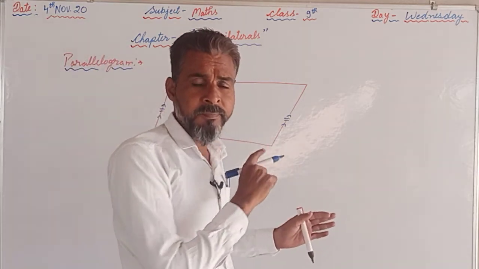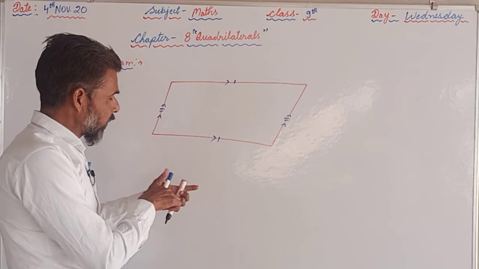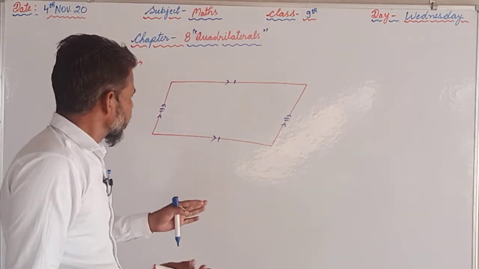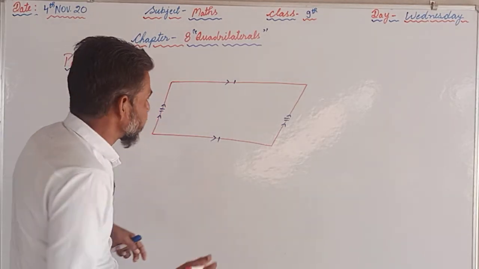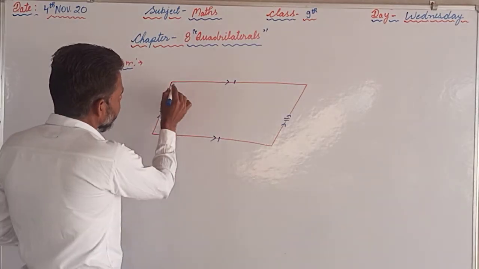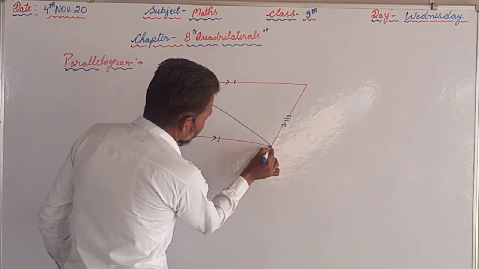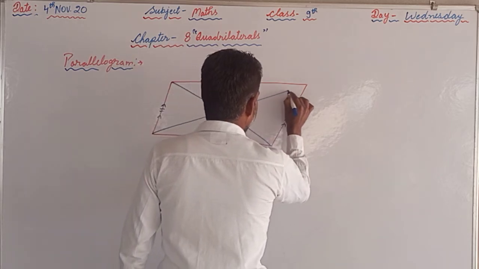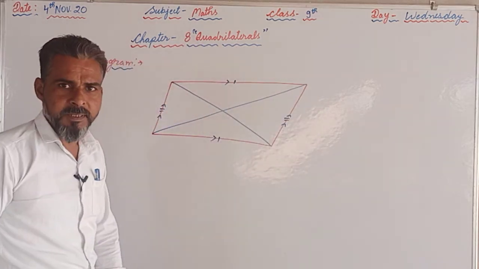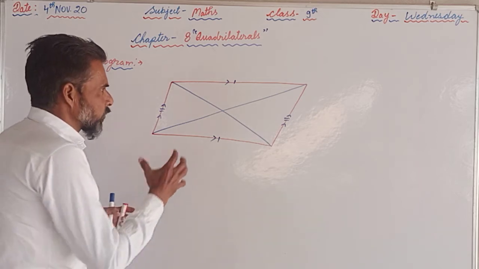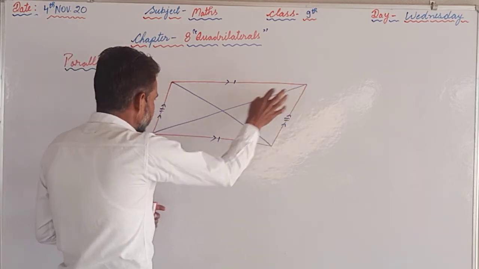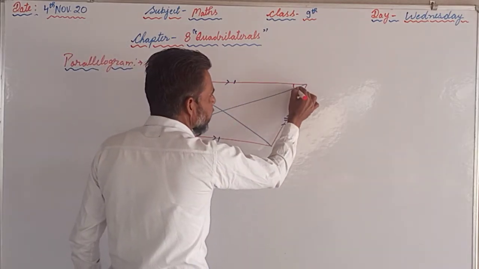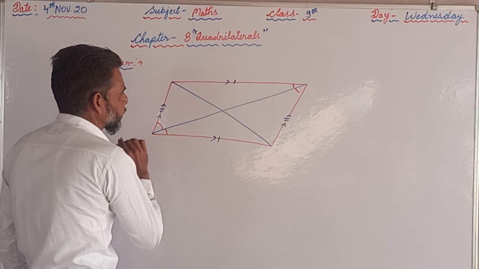This we have discussed in the previous section, but now the diagonals are also there. The diagonal is the line which joins the opposite vertices, means this. So, how many diagonals can be there? 2 diagonals will be there. So, what is the property of that? Previously we told that these two angles are equal. So, this diagonal will divide that into equal parts.